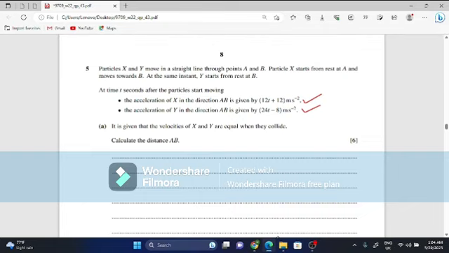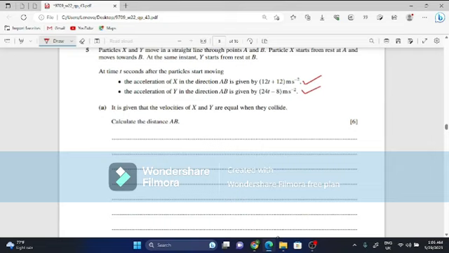In order to calculate the distance of AB, the thing that is given to you is that the velocities are equal. So first of all, you must consider this thing over here, that their velocities are equal. When their velocities are equal, then definitely their accelerations will be equal, right? So let's start.